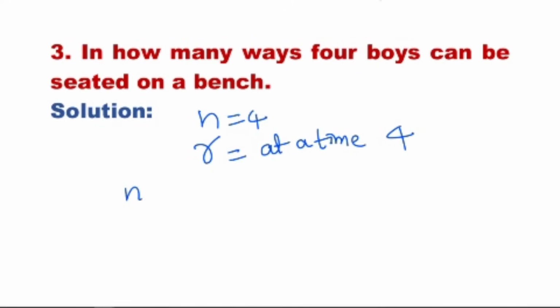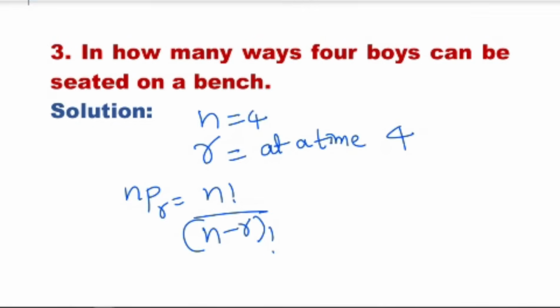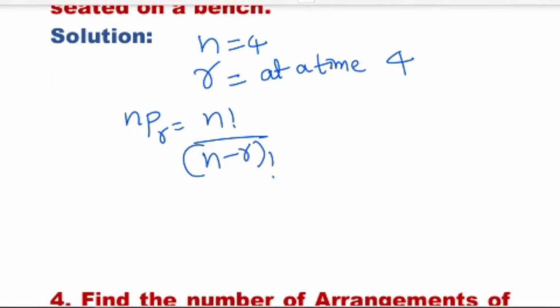So we have nPr equals n factorial divided by (n minus r) factorial. So here we'll just substitute the values. n is 4, so 4P4.